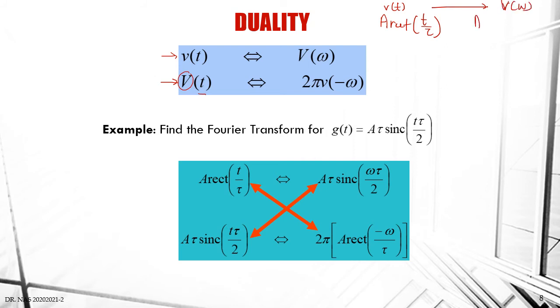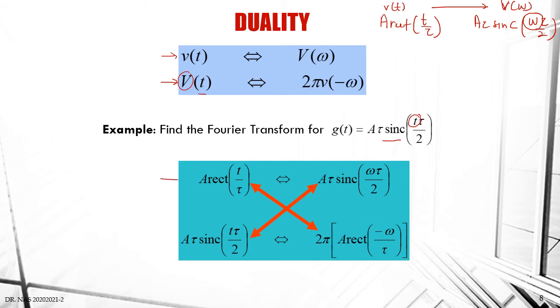It is A tau sinc(omega tau over 2). But in this case, the sinc function is in t. It is not in omega. So you need to switch the location.